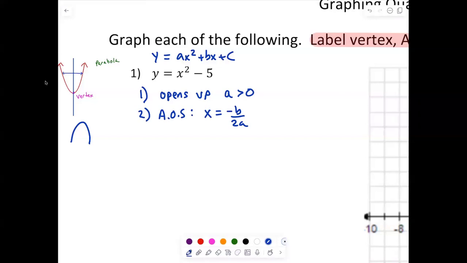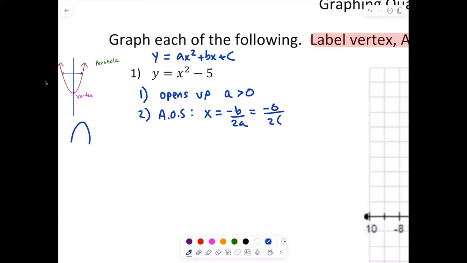Someone else who's thinking. Is there an x value? There's no x, correct? And because there is no x, then the b value is what? Very good. 0. Negative 0 over 2 times a, where a is the number in front of the x squared term.